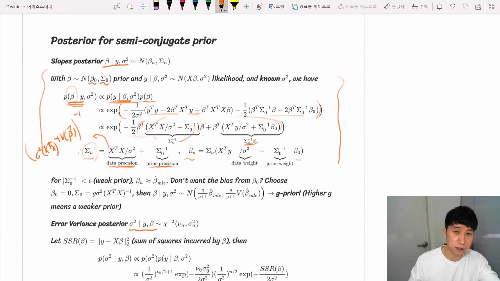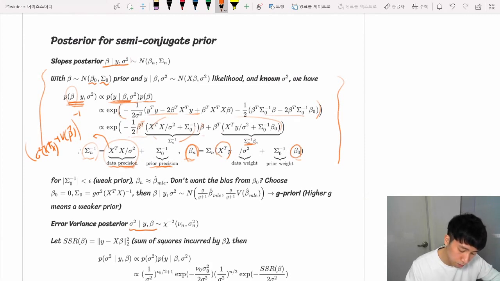Then we say this is the data precision because it comes purely out of the data. And for beta n, the mean parameter, this mean parameter is actually a weighted average of the prior mean and the data mean, right?